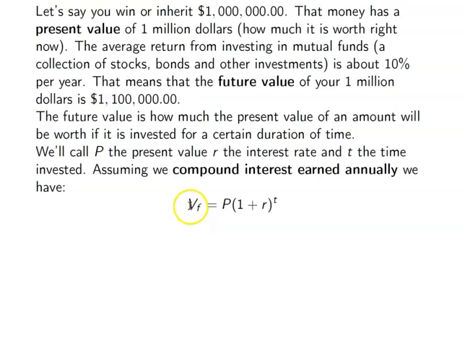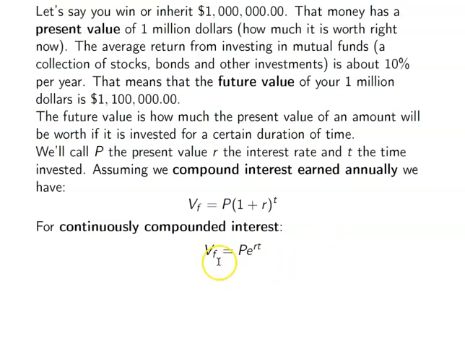So the future value is our principal, our present value, times 1 plus that interest rate, raised to some amount of years. If we compound continuously, you've seen this as P e to the rt, right? So the future value would be the present value times e to the rate of interest times the amount of time that we are investing.